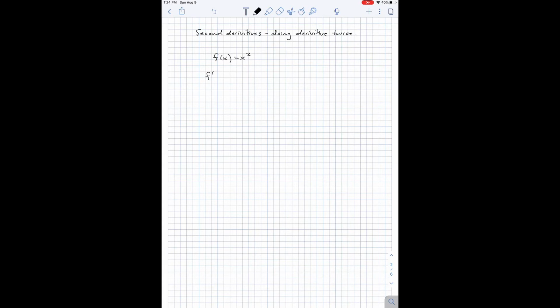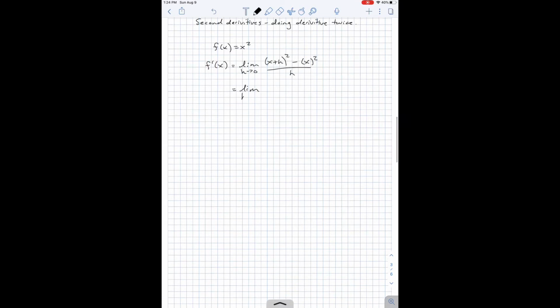If I want to find the derivative, I'm going to take this and plug it into my difference quotient. Okay, I'm going to multiply some stuff out.